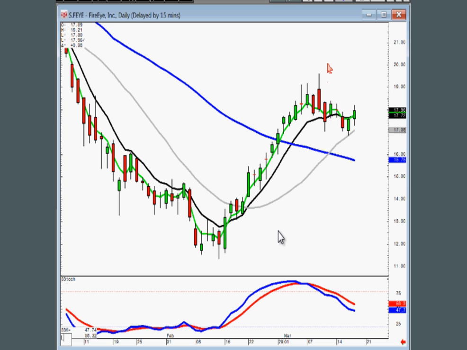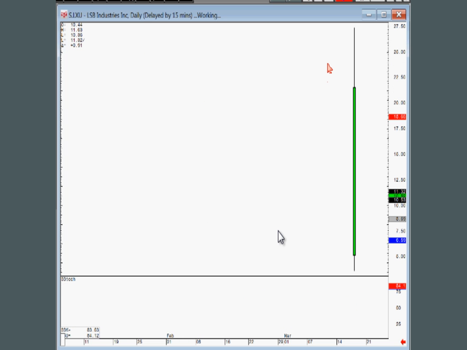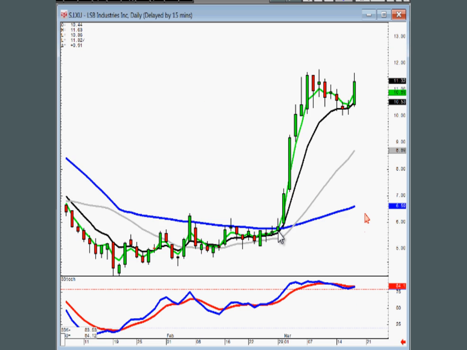Oh, these were working well. They got into this one in the chat room last week. When it broke out of this slow curve, these are the ones that I've made fortunes with. You can see the slow curve, then bam, as soon as it broke out of the slow curve, look what it did. Went from $6 to practically $12 in 4 or 5 trading days. Now look what's happened.